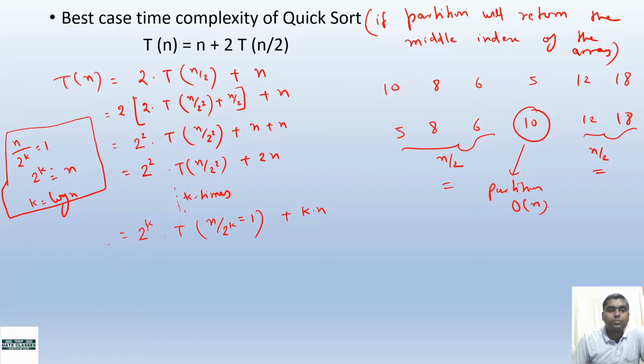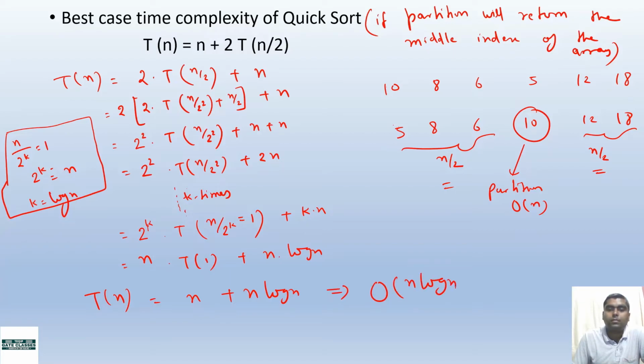So T(n) is n times T(1), which is 1, plus n log n. The maximum term is n log n, so the time complexity is order of n log n in the best case.